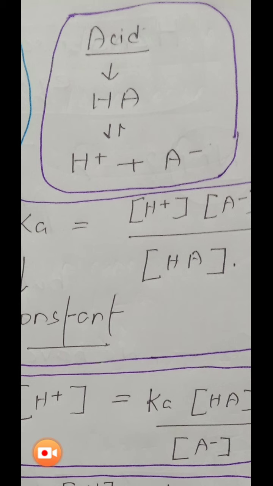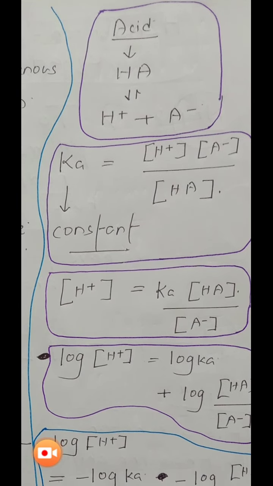If the constant is Ka, then Ka equals H plus concentration times A minus concentration divided by the acid HA concentration.